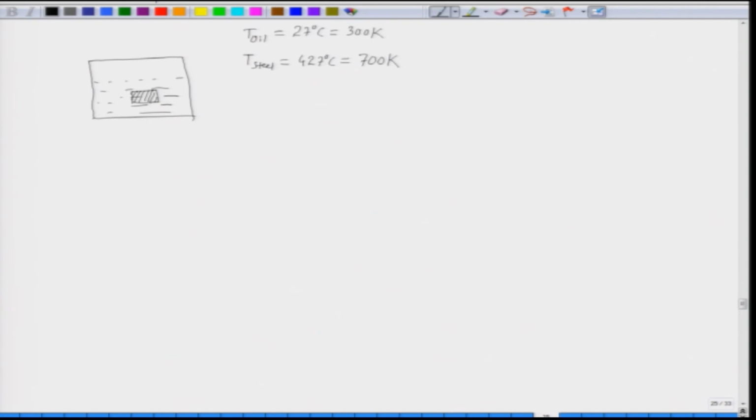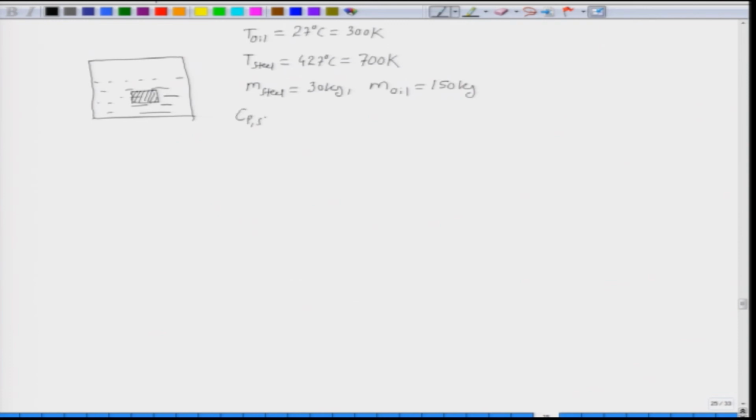So, we need to know the quantity of oil and steel, of course. So, let us say the mass of steel is 30 kg and mass of oil is 150 kg. Of course, we need to know the Cp.